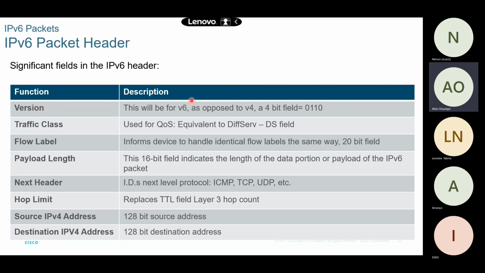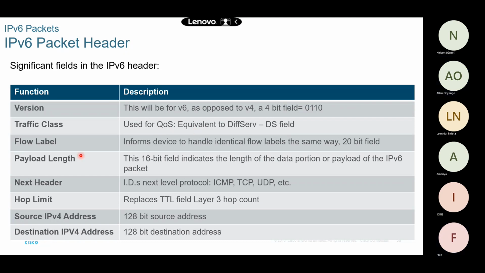Version, since this is version 6, you write 6 in binary and you'll get 0, 1, 1, 0. So 6 is actually 4 and 2. So you put 1 under 4 and 1 under 2. And you put 0 under 8 and 0 under 1. So you have 0, 1, 1, 0. Traffic class is the same as the DS, differentiated services for quality of service. Payload length, this is like the total length of the packet. Next header is the next level protocol, either ICMP, TCP, or UDP.